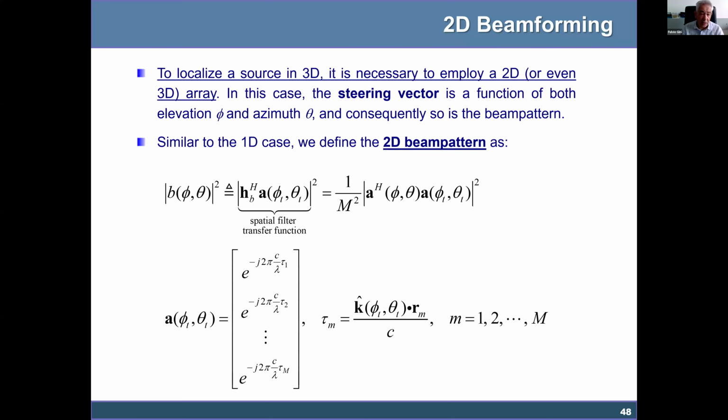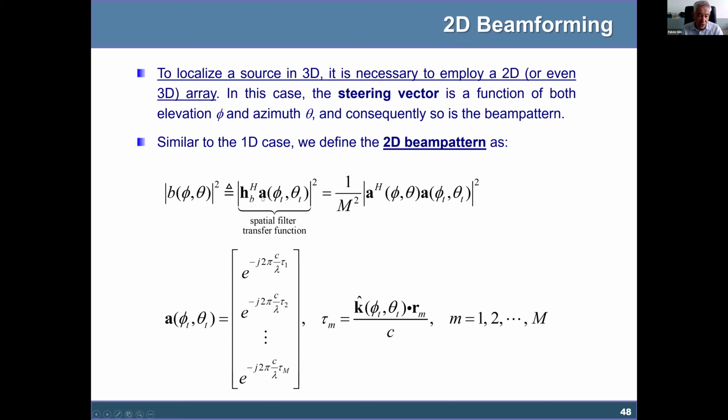To estimate both elevation and azimuth, you need a two-dimensional or three-dimensional array. I want to show you how we get the beam pattern in the case of a two-dimensional array.